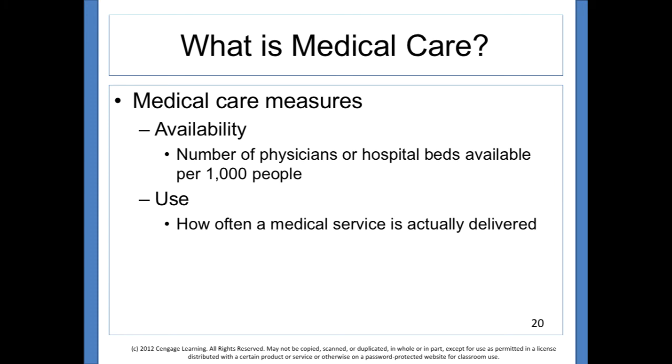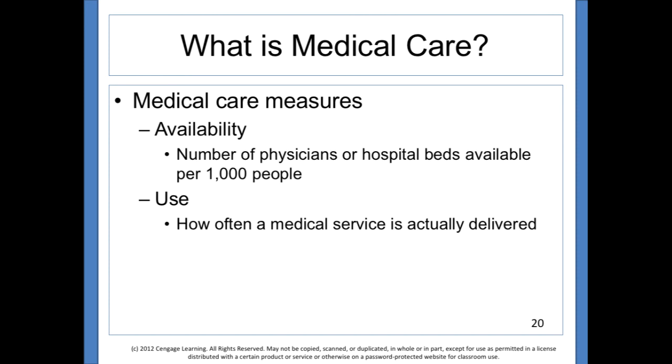Generally, medical care is measured on an availability basis. For example, measures include the number of physicians or hospital beds. So these are two very key parameters, hospital beds and number of physicians, per 1,000 people.